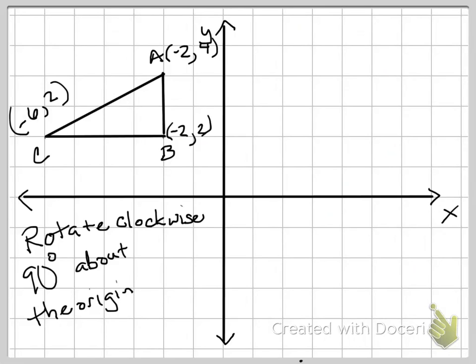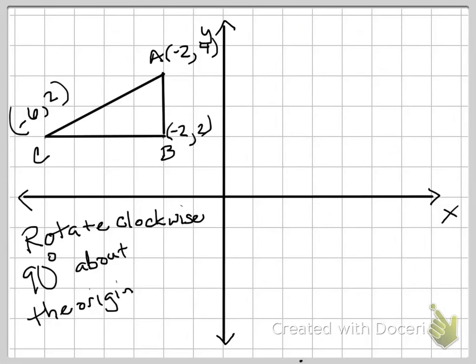The third transformation we went over was rotation, which is probably the toughest transformation that we went over on that day. The reason why I wrote down the coordinates of each point A, B, and C is because it'd probably be a lot easier to identify where that gets rotated.